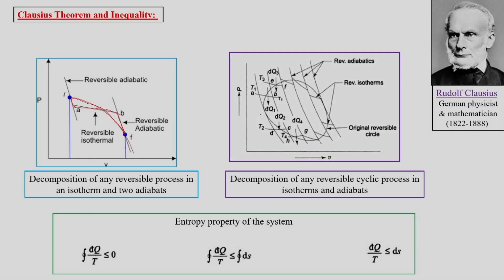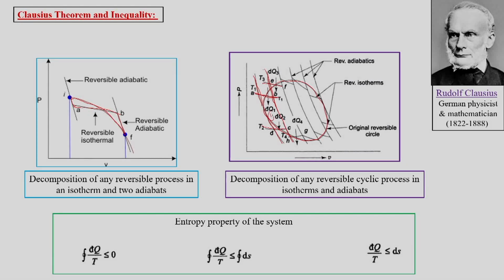As we can see here, this abrupt shape is a process of our interest, and this is getting decomposed using multiple adiabatic processes like this and isothermal processes like this. So in a particular case we have this as adiabatic process, this as isothermal process, this as adiabatic process, and this as isothermal process.